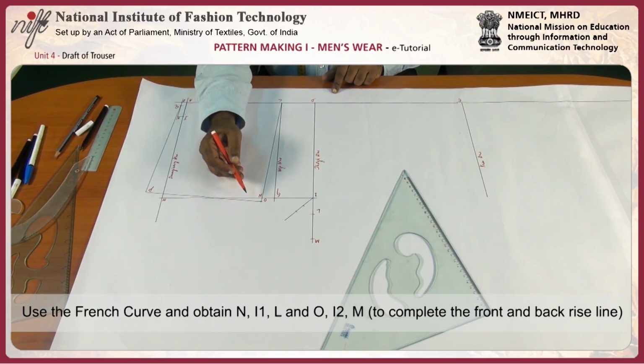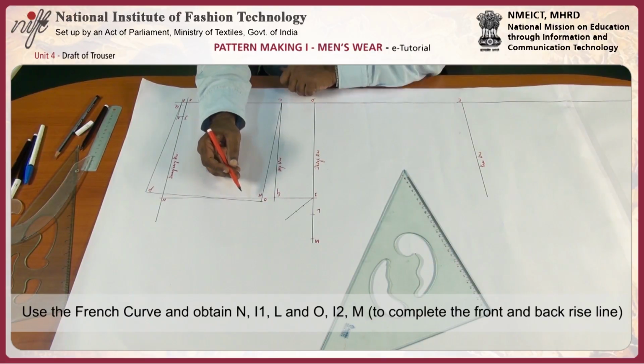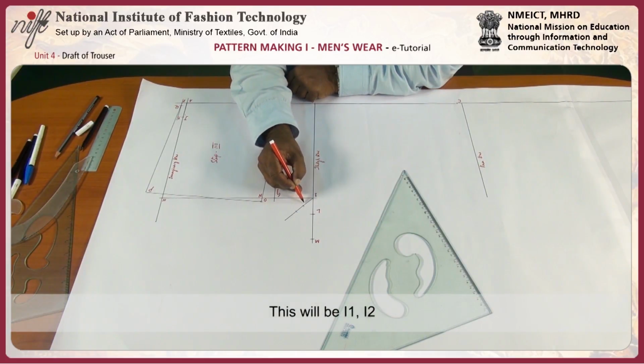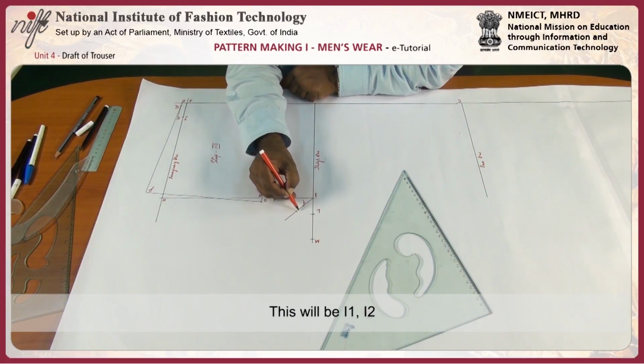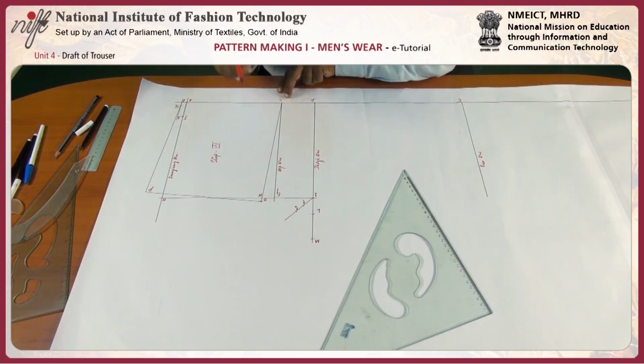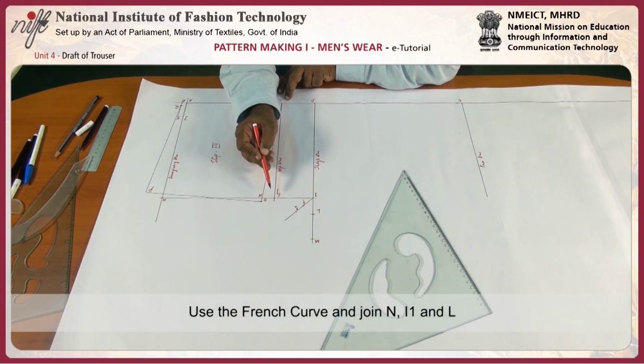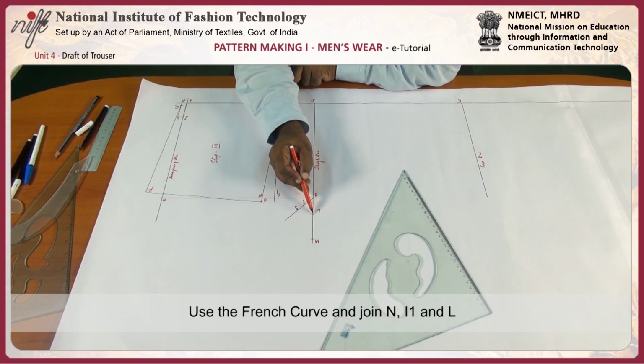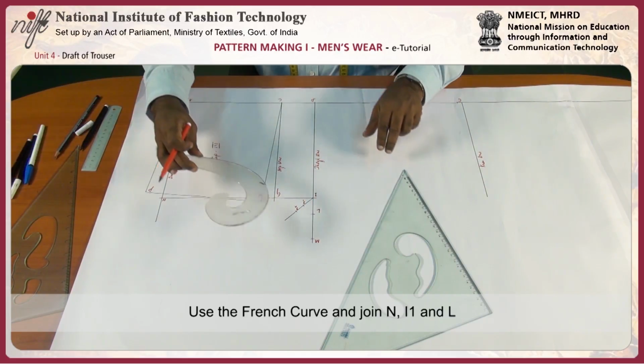Using the French curve as shown in the diagram to complete the front and back rise line. This will be I1. This will be I2. Now join N, I1 and L with the help of French curve.